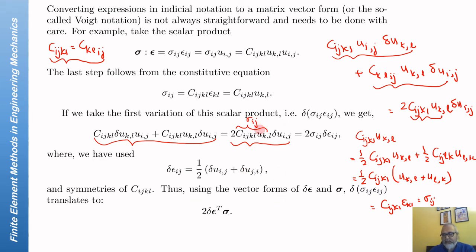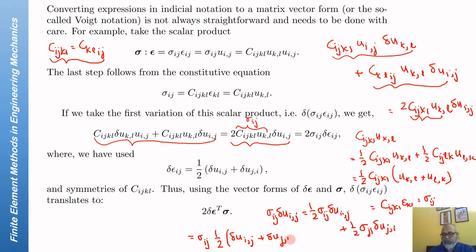Again, then I have sigma ij delta ui,j, 2 times that. So let's take sigma ij delta ui,j, which using the symmetry of sigma is sigma ij delta ui,j plus half sigma ji delta uj,i, which will lead to sigma ij into half delta ui,j plus delta uj,i, and now I define this part to be my delta epsilon ij.